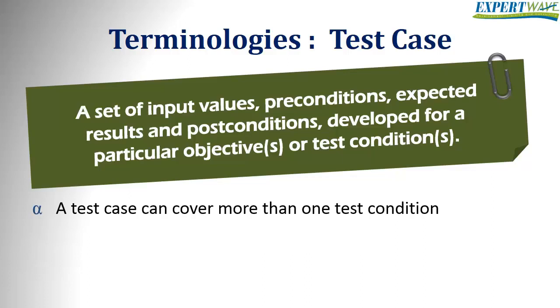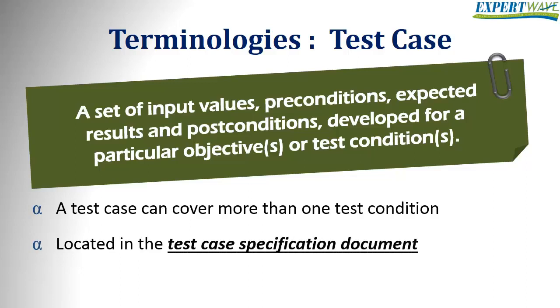Again, we should collect all the test cases that we have and put them in a document called the Test Case Specification document. There could be hundreds or thousands of test cases, so again we need to prioritize them. Put the most important test cases first so we can provide the highest ranking test cases extra attention.